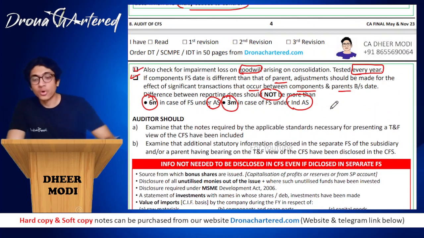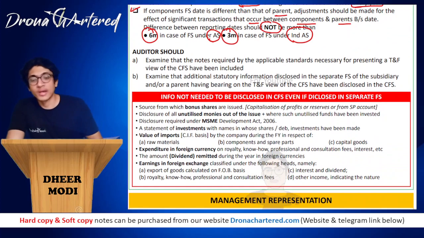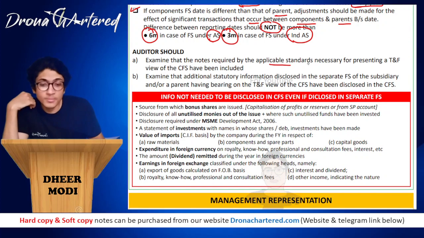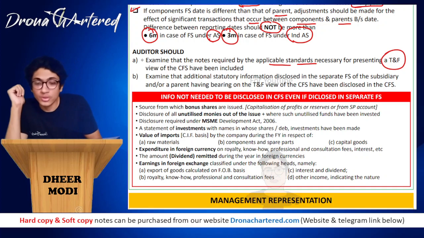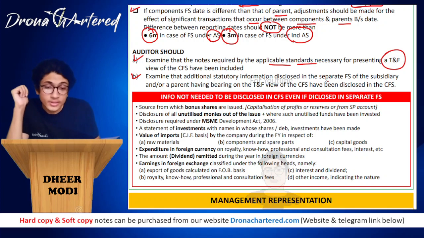Now your auditor should examine that the notes required by applicable standards necessary for presenting a true and fair view of the CFS have been included. And he should examine that additional statutory information disclosed in the separate financial statements of the subsidiary or the parent, having bearing on the true and fair view of the CFS, has been disclosed in the CFS as well.